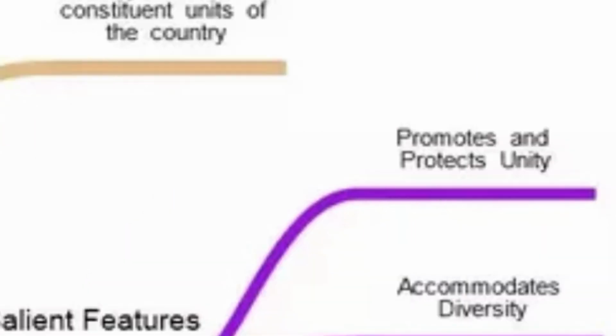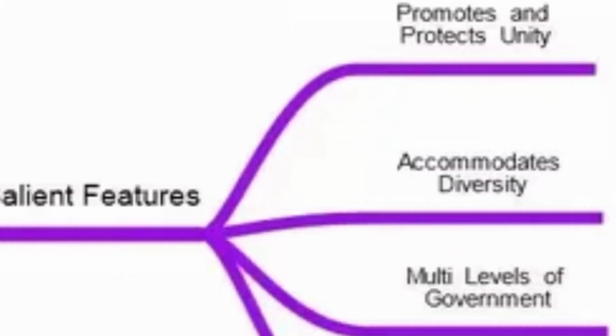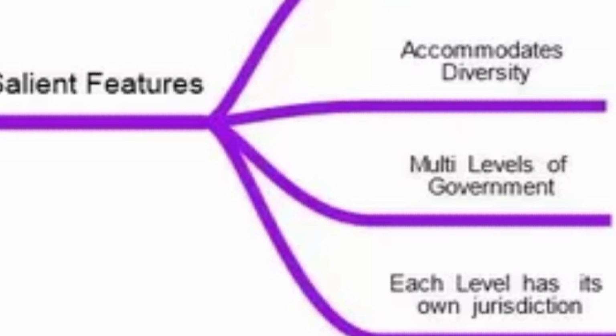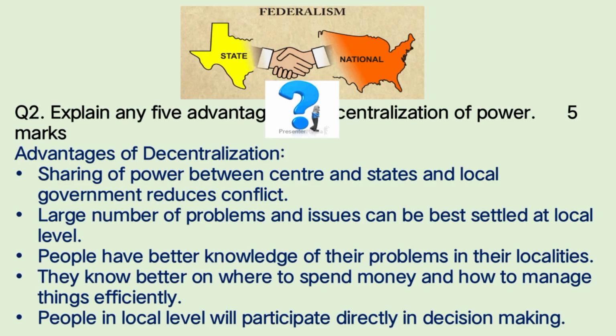It promotes and protects unity. It accommodates such a big diversity, a country with so much diversity. Different levels of the government resolve the issues of people at different jurisdictions, with their limitation of authority.